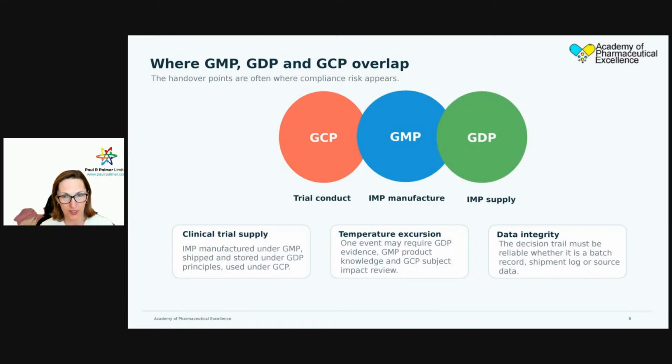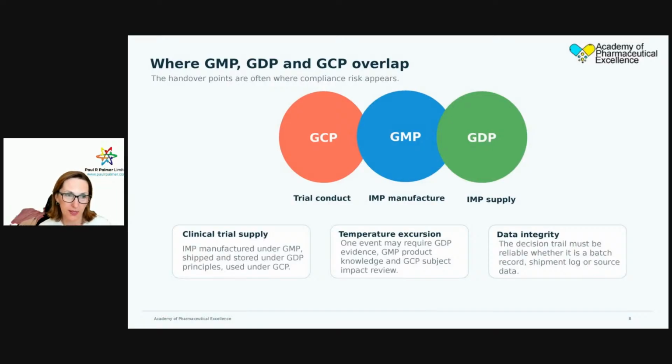The logistics provider may assume the site knows how to store it. And the site may assume that the temperature data were reviewed centrally. If ownership is unclear, small gaps that are filled with assumptions can become significant compliance risks.